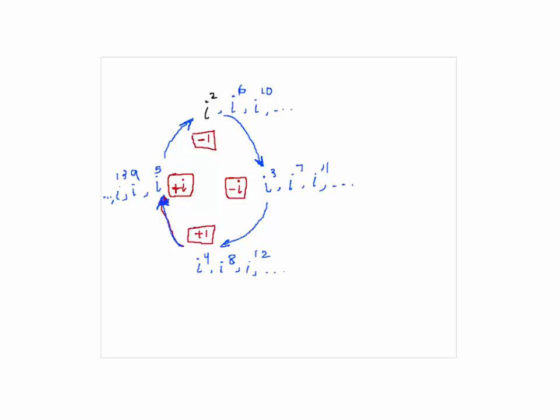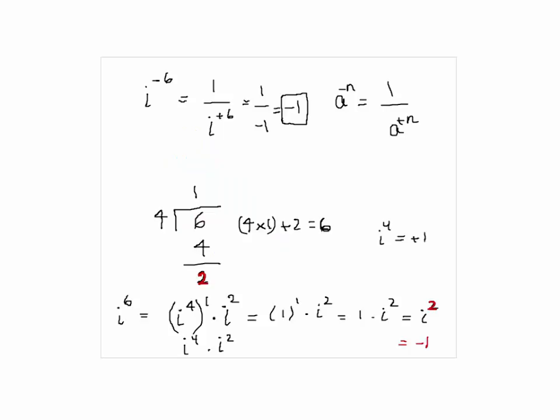Again, for the larger exponents, or even for the smaller exponents, we can always divide by 4, knowing that i to the power of 4 is equal to 1, and establish it that way. So let me see if there are any questions.